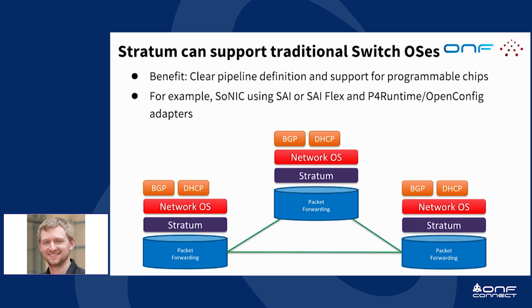For example, they might expose a fixed pipeline, and then that's it. That's what you get, because that's the API that's expected by the network OS. So in this case, what we're seeing is that if you layer Stratum in as a data plane agent beneath the traditional network OS, you can have support for programmable chips, and you can have support for a pipeline definition. And we're actually talking with some projects like SONiC about how we can make this happen underneath SONiC's control plane layer.